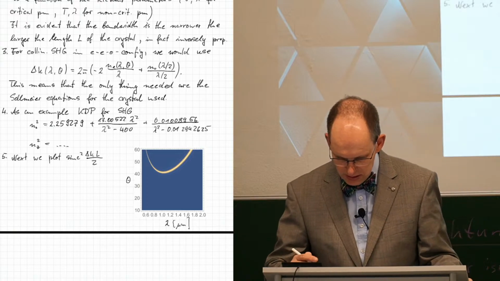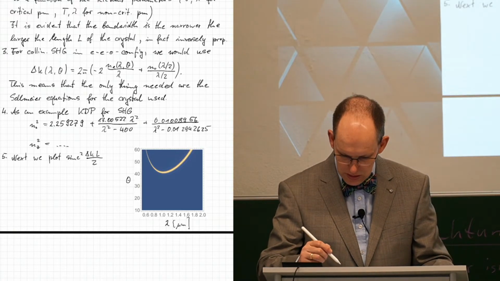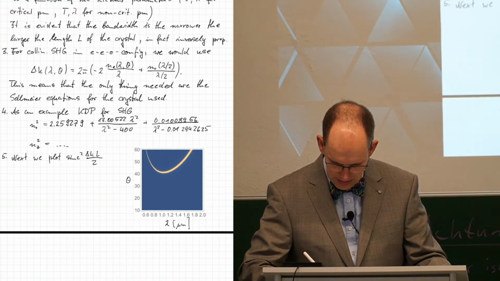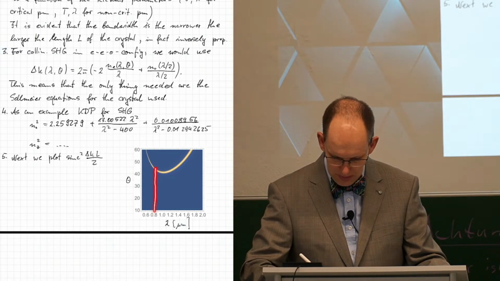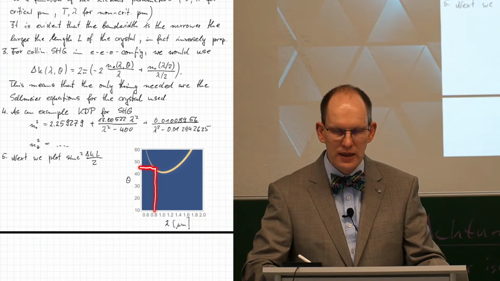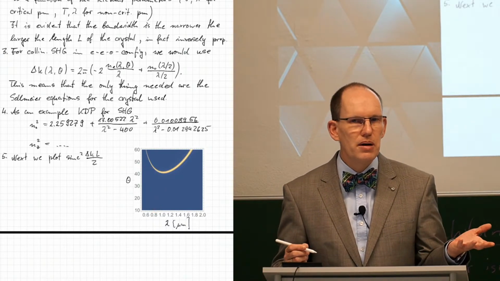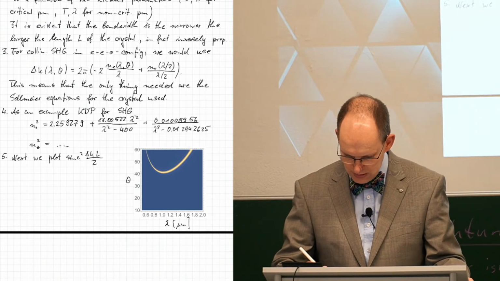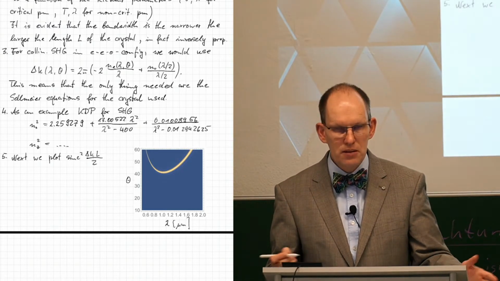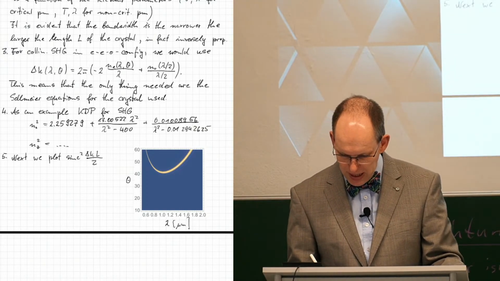And now it's clear that if you choose a certain wavelength, say 800 nanometers, you can immediately read off the phase matching angle, but we derived already a formula for that, which gives it directly. But what you also see is the bandwidth.